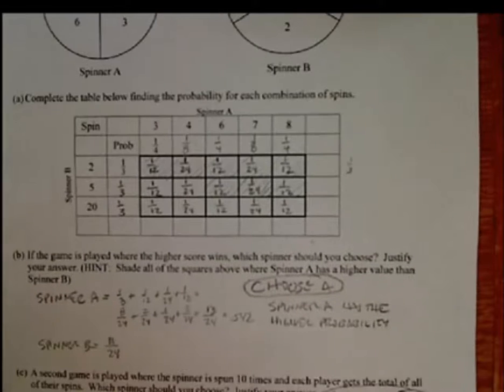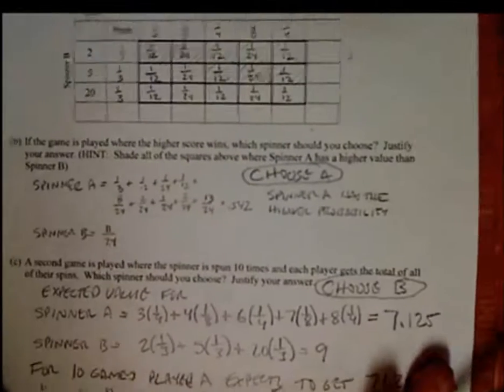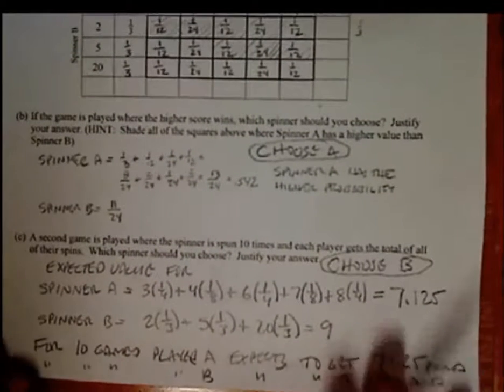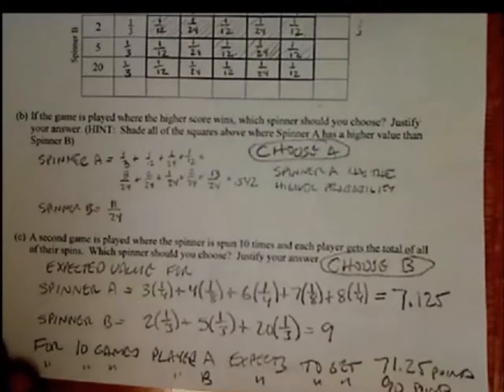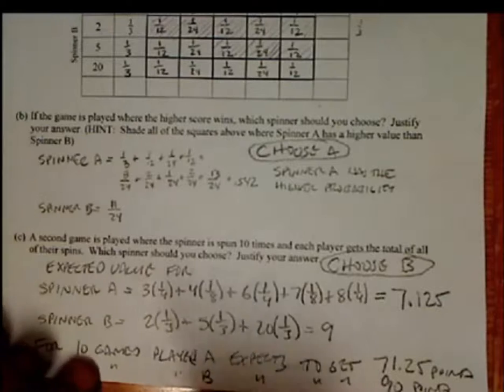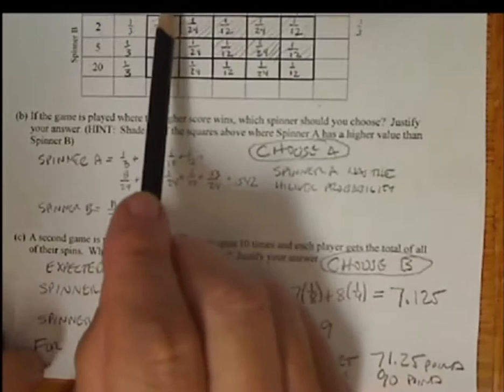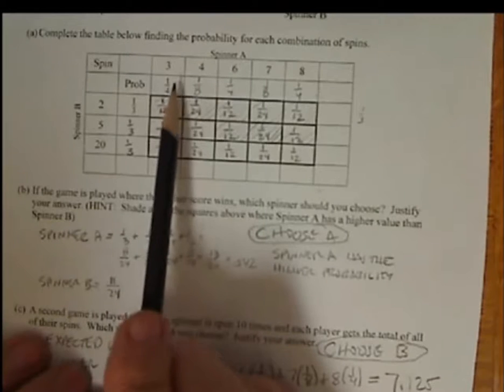The second game is played where they're going to spin it 10 times and then take their total. So the higher score, now I'm going to look at expected value. So I'm going to figure out the expected value for each one for a single spin and then multiply that answer by 10. So for spinner A, we take our value times the probability.